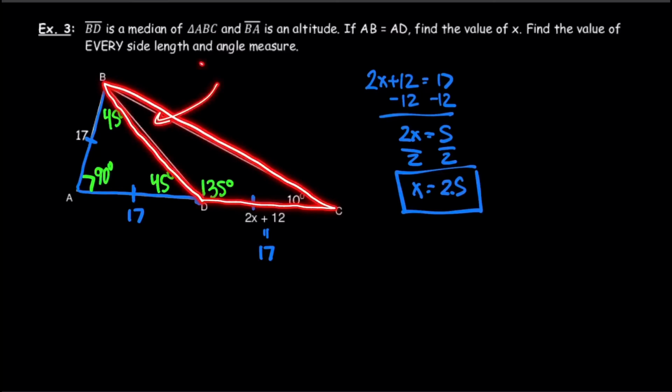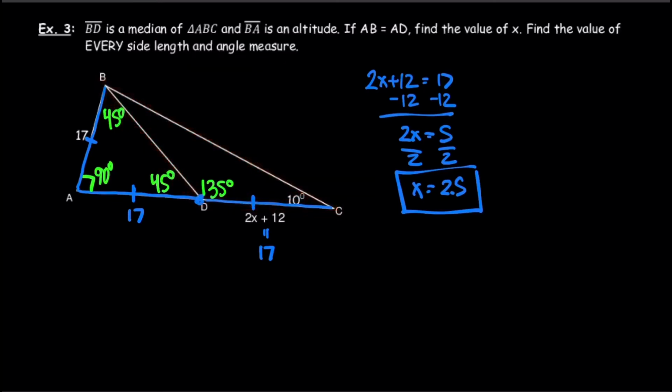That angle up top is going to be 180 minus 135 minus 10, or 180 minus 145, which is 35. Okay, so I've found every angle measure. That's done. Now I need to find every side length.